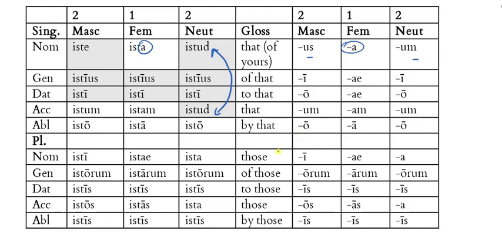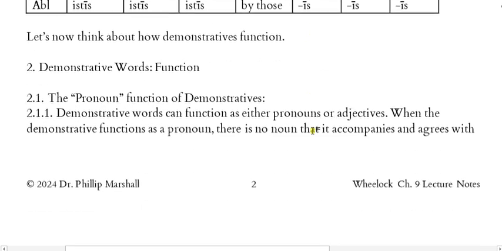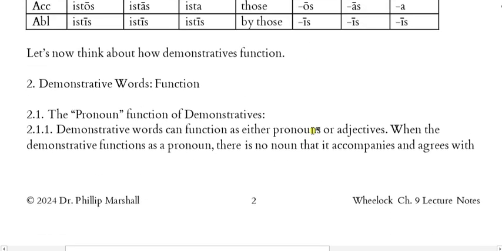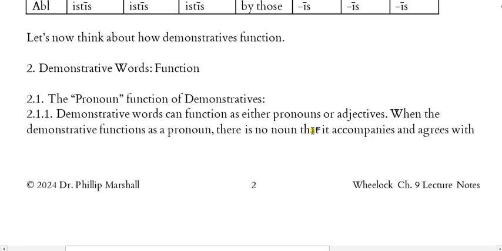Alrighty. Let's look down now here at the functions. Okay, so the function of demonstrative words. Demonstratives can function in one of two ways. They can function as pronouns or as adjectives. We want to focus on the pronoun function of demonstratives here.